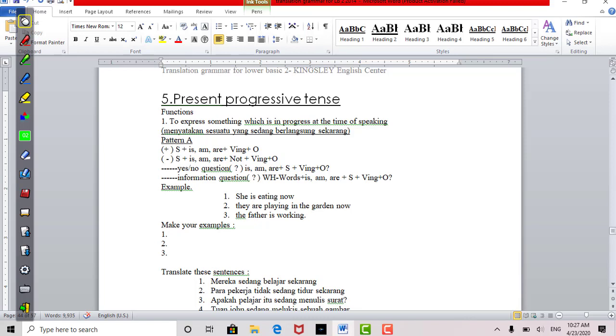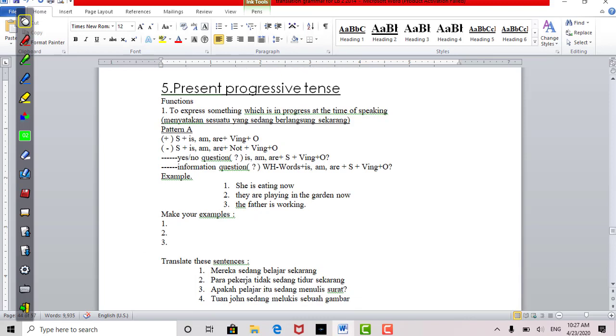So I will make a review for pattern A and pattern B. We know that when we talk about pattern A, connecting subject with verb. When you use pattern A, we have this pattern over here. We have positive, negative, and question. We have subject plus is/am/are plus verb-ing plus object. And then we have the subject plus is/am/are plus not plus verb-ing plus object.